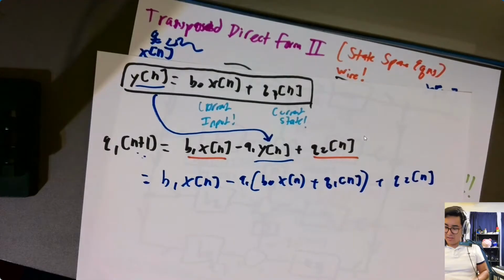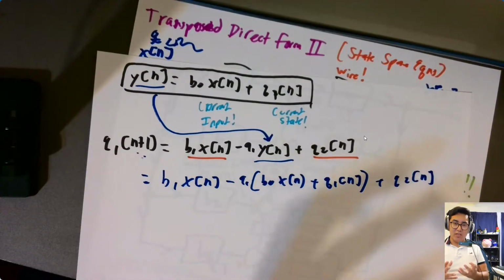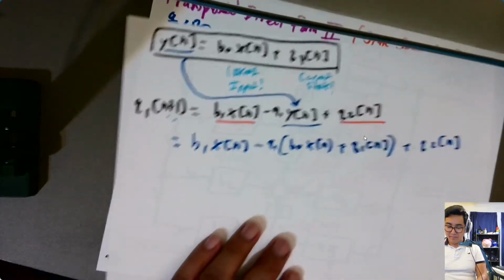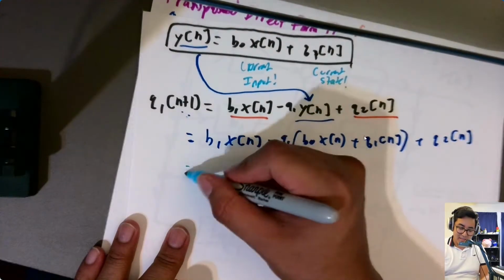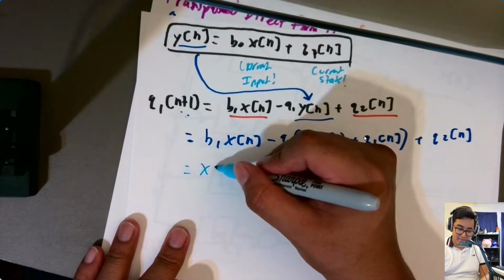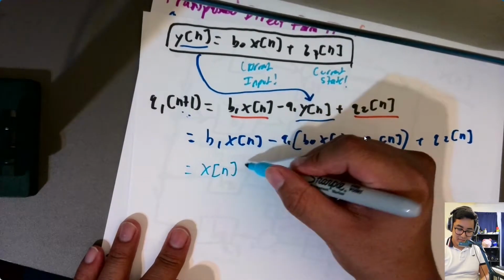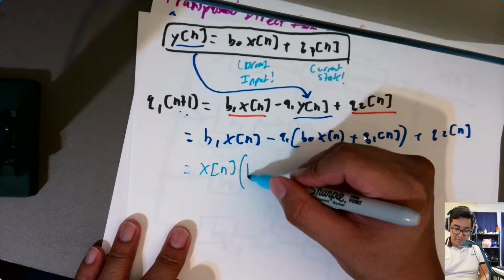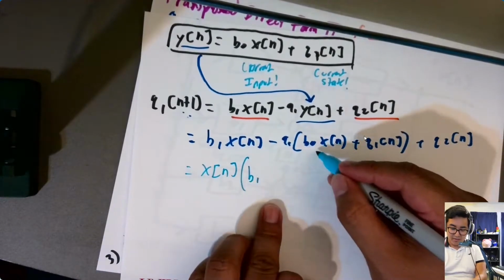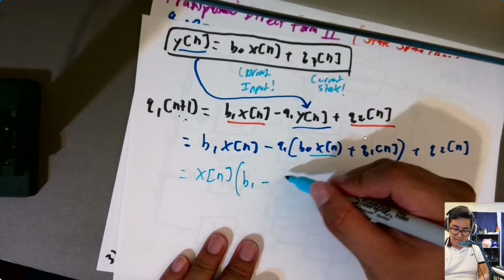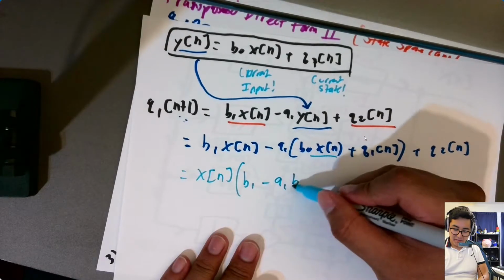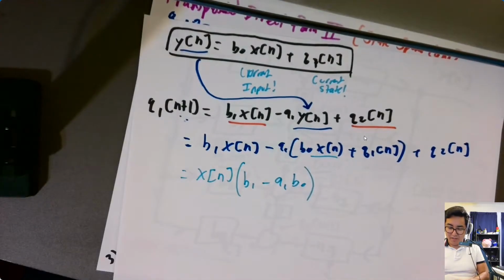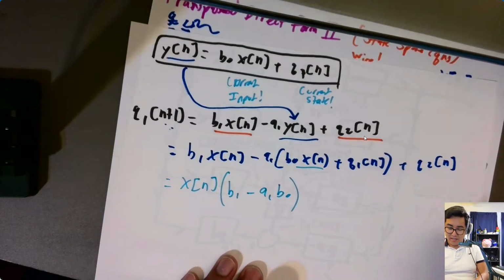And there we go. And then if you combine like terms to get things into the current inputs and current nodes, so setting that, we have x of n as a function of, well, current inputs, b of 1, then here's our other input, minus a of 1, b of 0. That's it. Okay. And now let's look at the actual states.